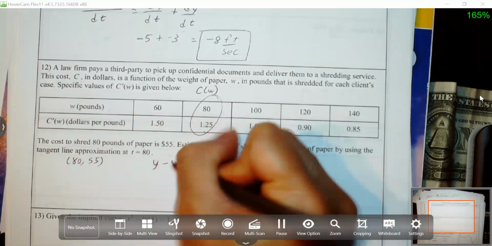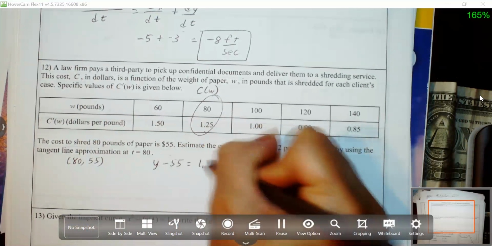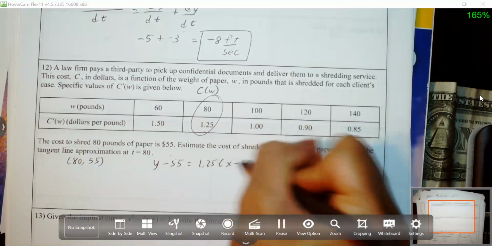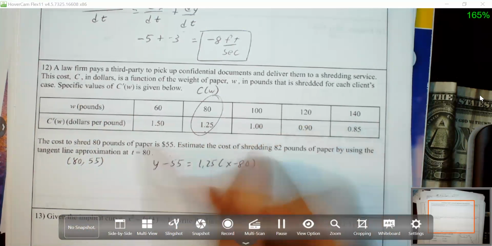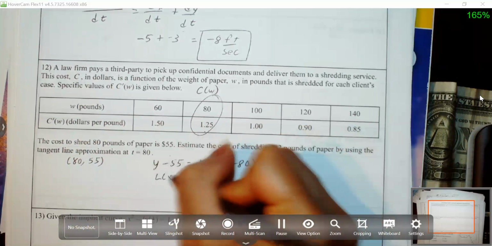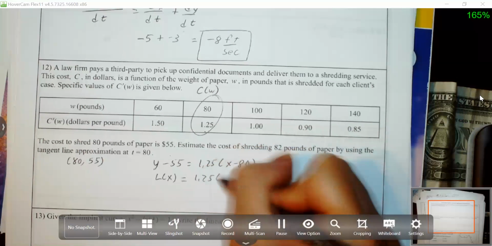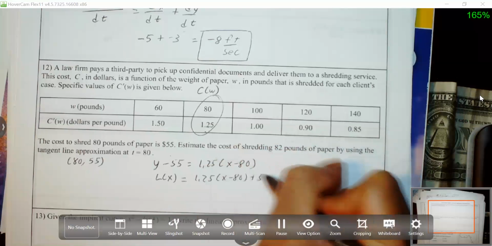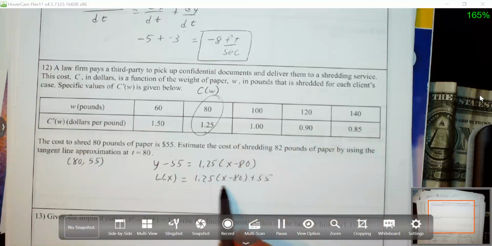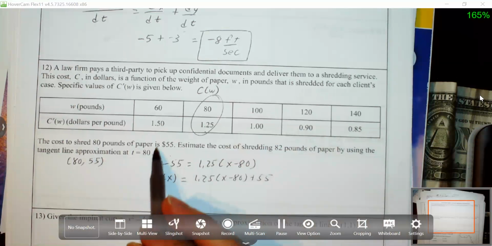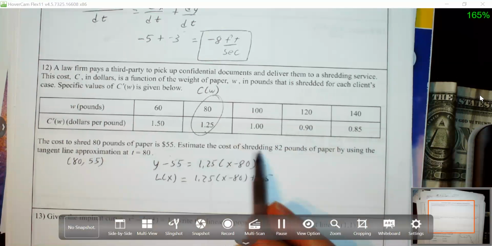It's y minus 55 is equal to 1.25 times (x minus 80). So L of x, my linear approximation, is equal to 1.25(x minus 80) plus 55. And I'm going to use that approximation to estimate the cost of shredding 82 pounds of paper.